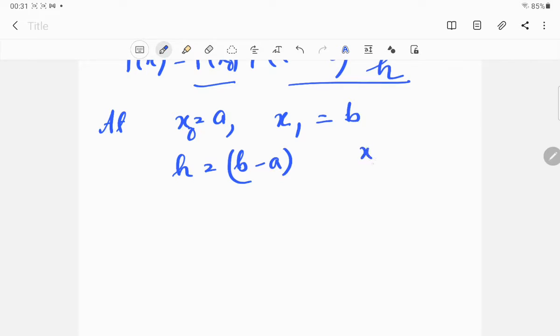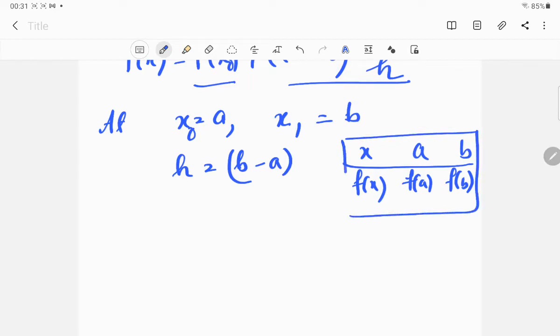You have a table of x and f(x) with 2 points, x0 and x1, and the difference between them is called the step length h, which is equal to b minus a.